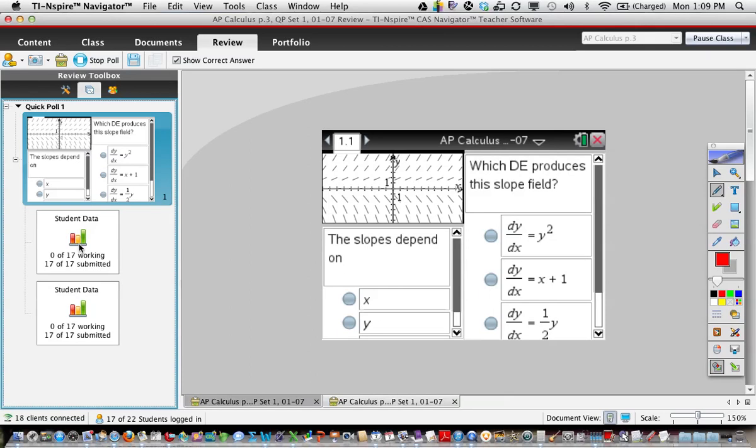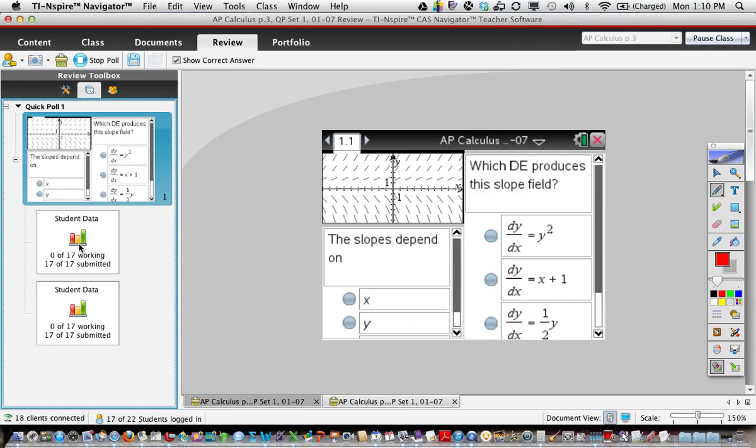What about this one? The slope depends on y. If x changes, it doesn't matter. Now remember, we said that was an exponential. So at the points 1, 1, 1, 2, 1, 3, the slopes are going to change.